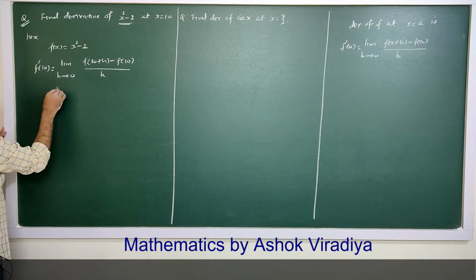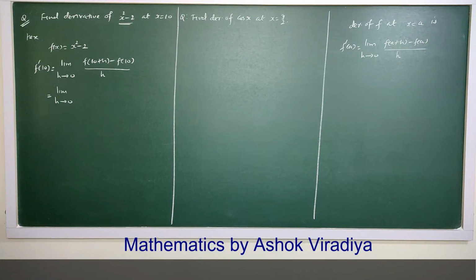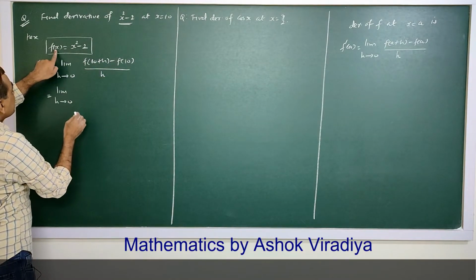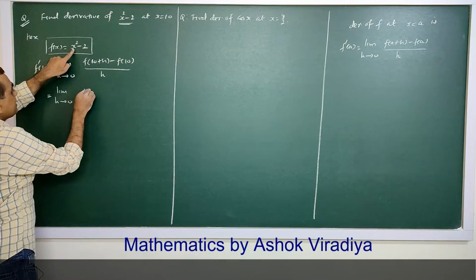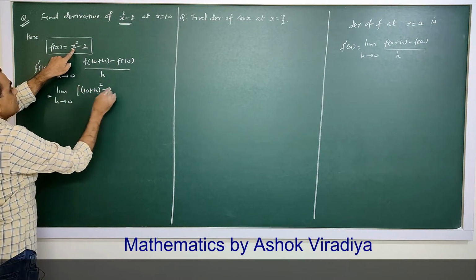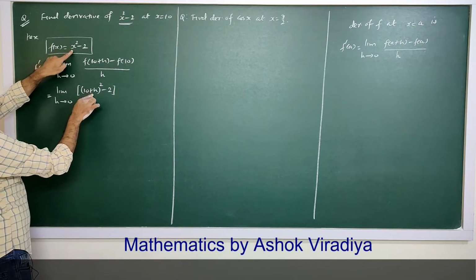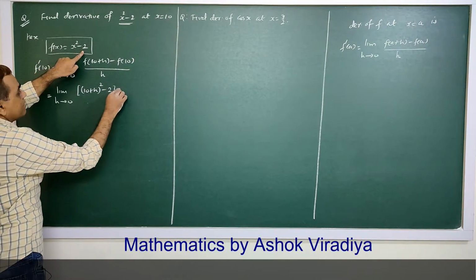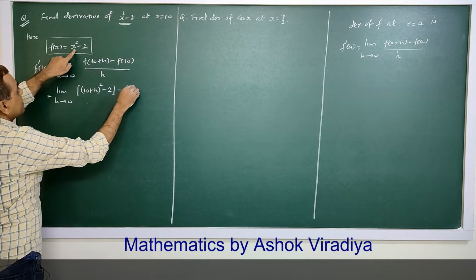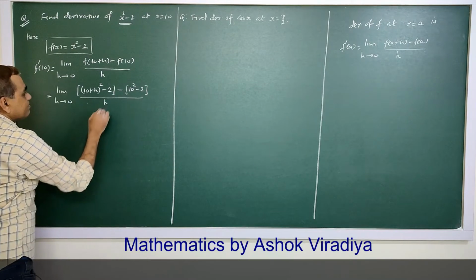Here h is variable. Now f of 10 plus h, putting here 10 plus h, so this will be 10 plus h whole square minus 2, minus f of 10. F of 10 is 10 square minus 2, upon h.